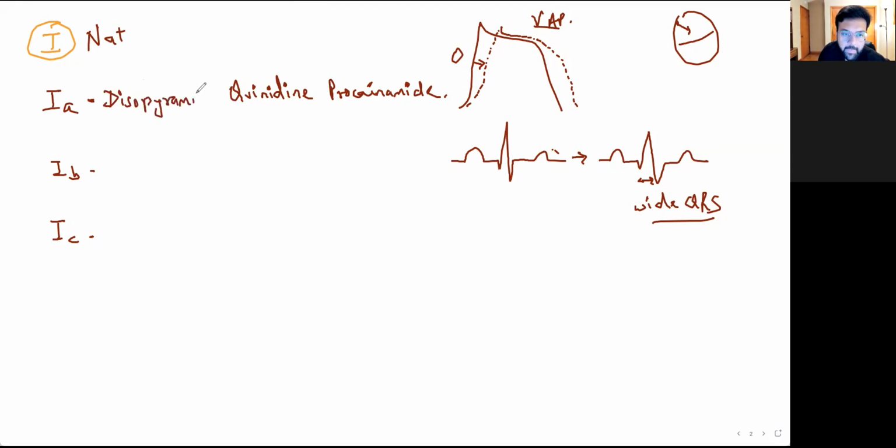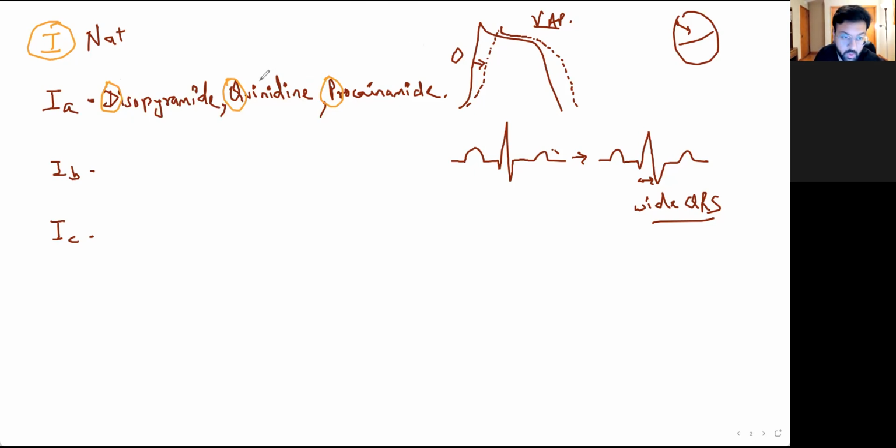Disopyramide. So we'll remember double quarter pounds. Disopyramide, quinidine, and procainamide are class 1A antiarrhythmics.